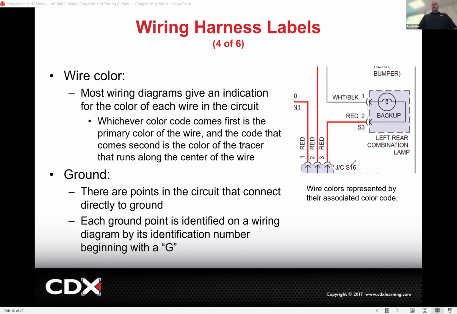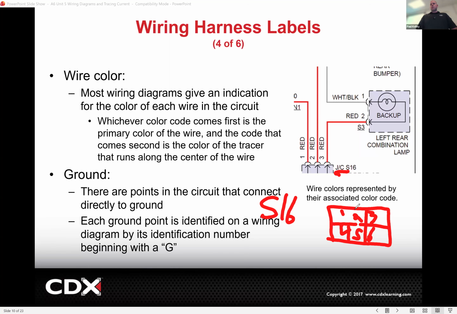Then if you were to look down here, let's look at JC as a junction connector. Connector S16, I know that may have like a whole bunch of wires. So maybe like 1, 2, 3, 4, 5, and 6. And you'd be like, oh, 1 is red, and 2 is red, and 3 is red, and 4 is red, and 5 is red, and 6 is red.